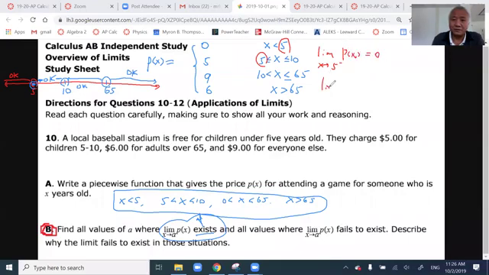And the limit from the right side approaching 5, the price function will be equal to 5. There's a gap there, called a jump. So that's the one that fails to exist. So the value should be x equals 5.